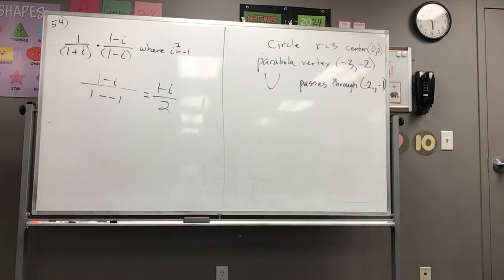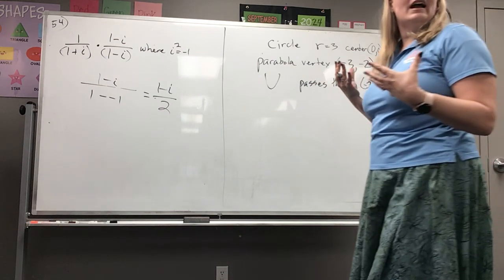So the question is, how many times do the parabola and circle intersect?